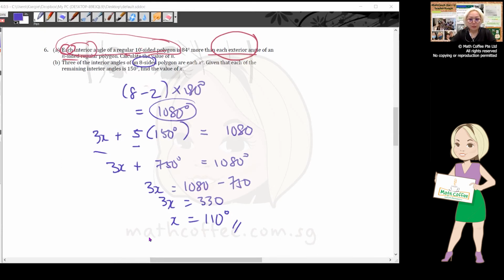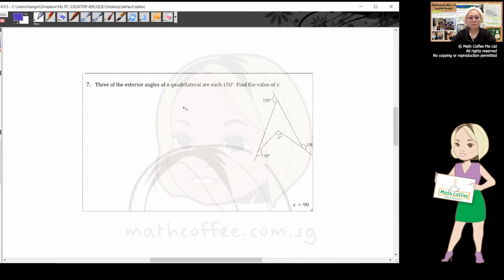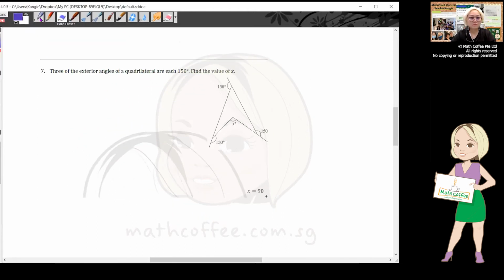Next question. Okay, this question you have to take note. A lot of students will ask me, they say 3 of the exterior angles are 150.